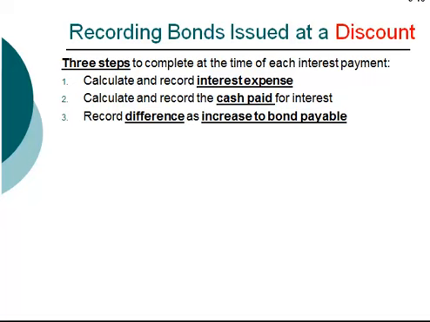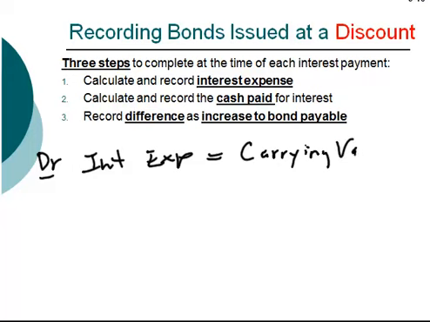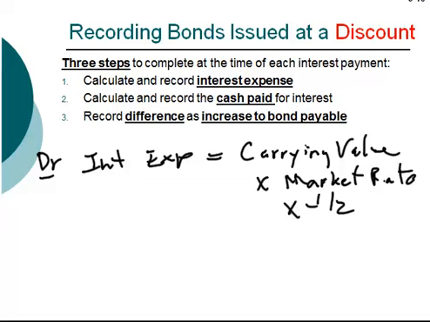There are 3 steps that we will complete in order to do this. First, we'll calculate and record interest expense by taking T account carrying value multiplied by the market rate multiplied by 1/2 if it's a semi-annual interest payment.